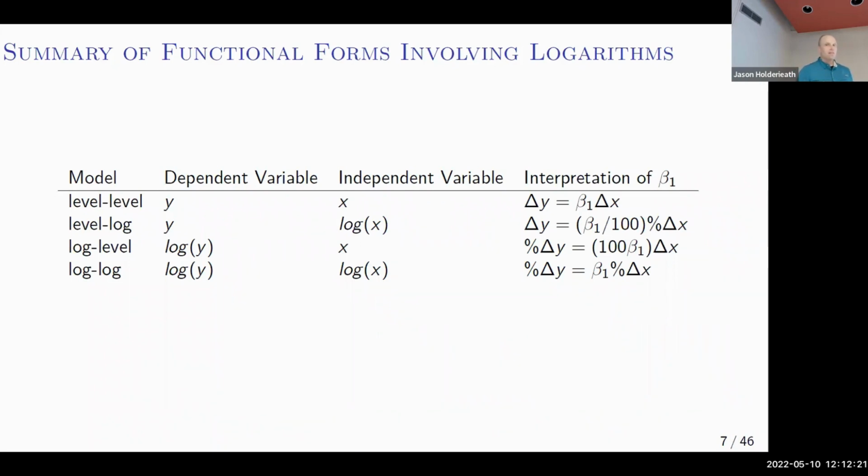You could have a level, meaning y equals b naught plus b1 x, with no log transformation of either variable. You could do a log transformation of the x variable, you could do a log transformation of just the y variable, or you could do a log transformation of both the x and the y. And each of these different functional forms has a little different interpretation.